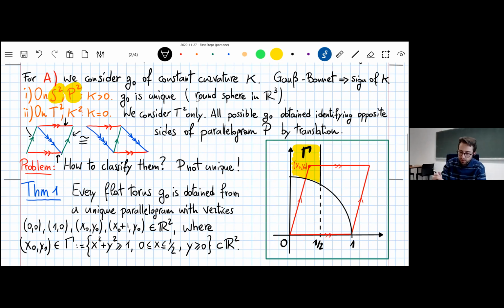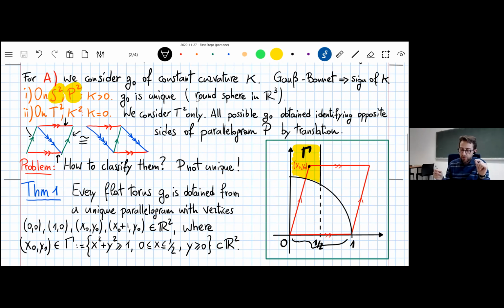You take as a horizontal edge of length 1, and as the vertical side, you can take any point which is inside this domain gamma. Where gamma is basically the part outside the unit circle where x, the first coordinate, is between 0 and 1/2, and y is bigger or equal than 0.